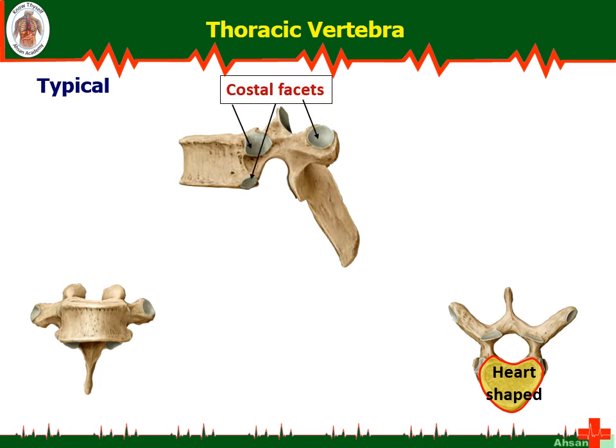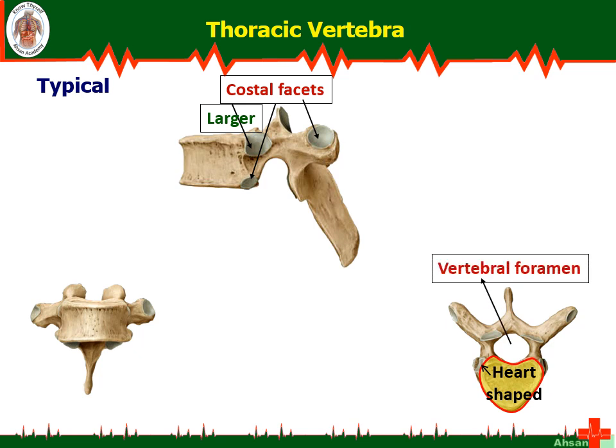These are the two facets on the posterolateral part of the body and one costal facet on the transverse process close to the tip. You see the upper costal facet of the body is much larger than the inferior one. The costal facet of the transverse process is more rounded and concave.